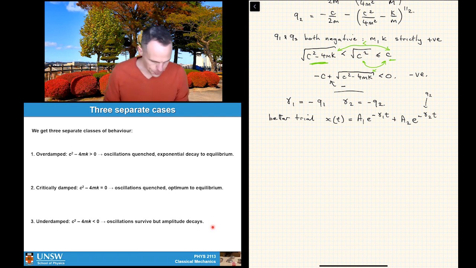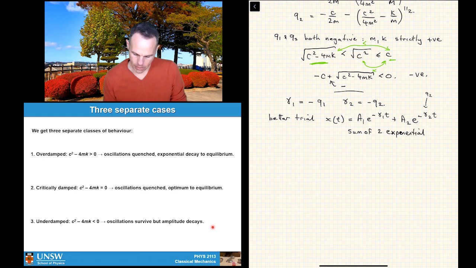Okay. So basically what we've got here is a sum of two exponential decays. We're not going to take this any further.